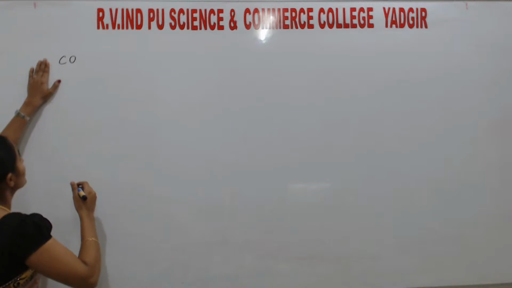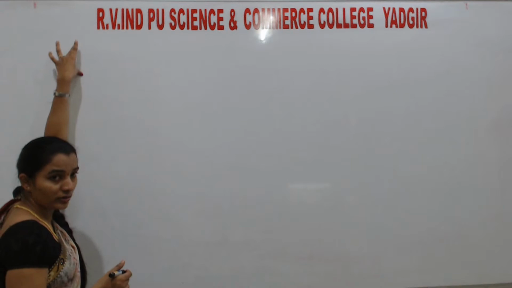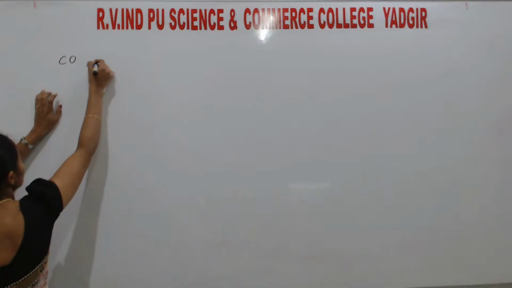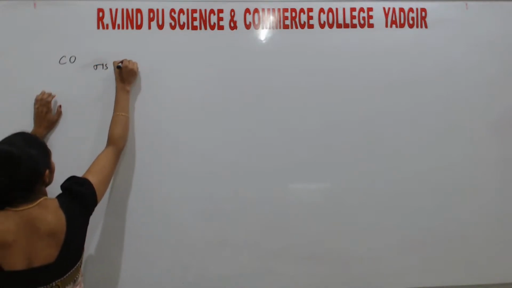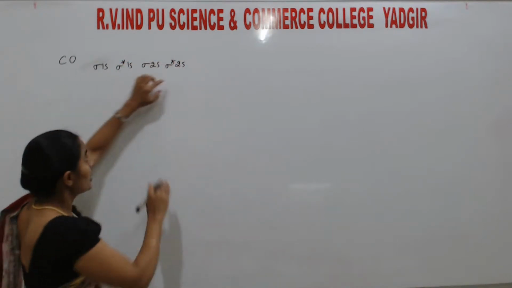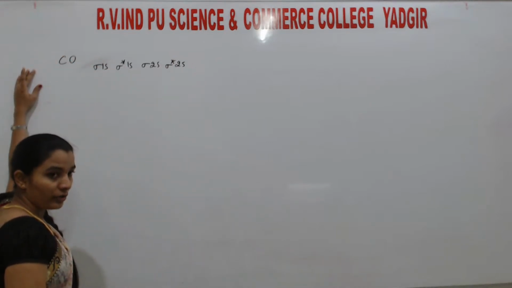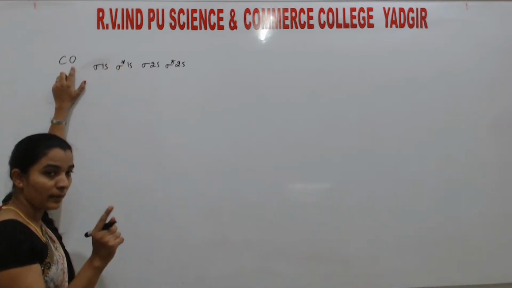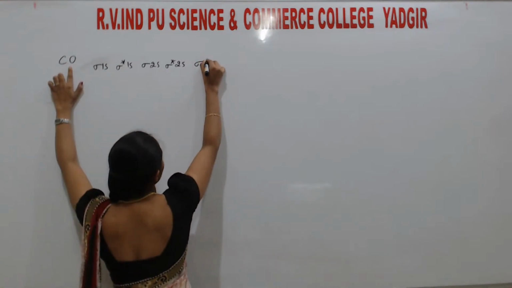Then how to do it? We don't need to write the structure. Sigma 1s, sigma star 1s, sigma 2s, sigma star 2s. Here which one comes first? That depends. Carbon is before nitrogen, oxygen is after nitrogen. It means if any one atom is after nitrogen, then the sigma 2pz will come first.